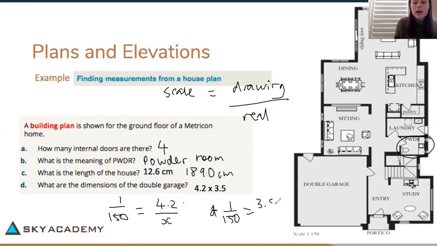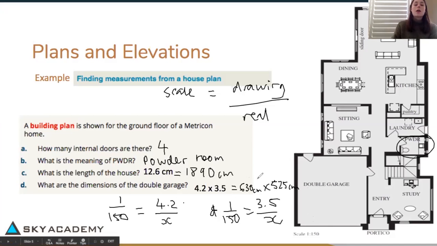And if you take the 4.2 over and the 3.5 over and solve for them, we should get the results of 4.2 over the fraction of 1 over 150 is 630 centimeters by, and 3.5, 525 centimeters.